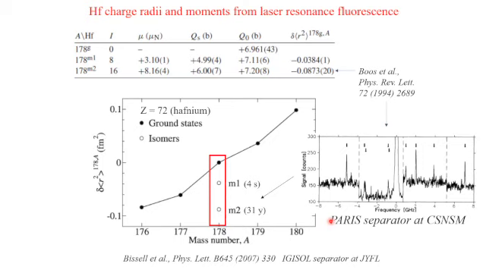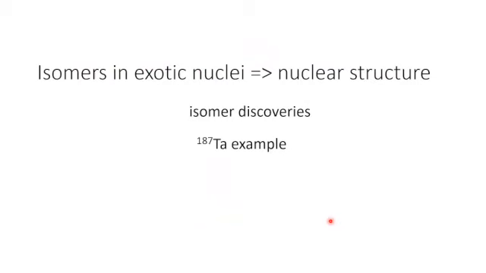I'm going to be looking more at exotic nuclei, that is nuclei far from the valley of beta stability, and some structure issues to do with them, and discovery issues. So exotic isomers, meaning isomers in exotic nuclei, need some special techniques.